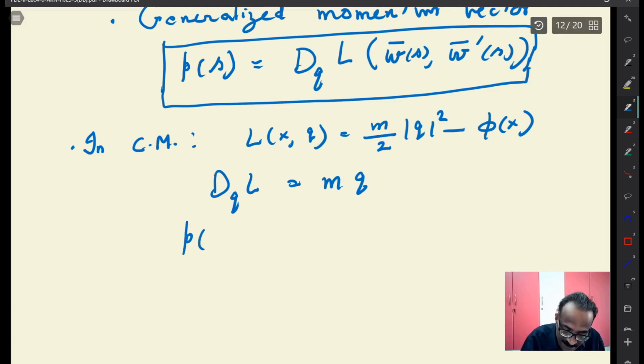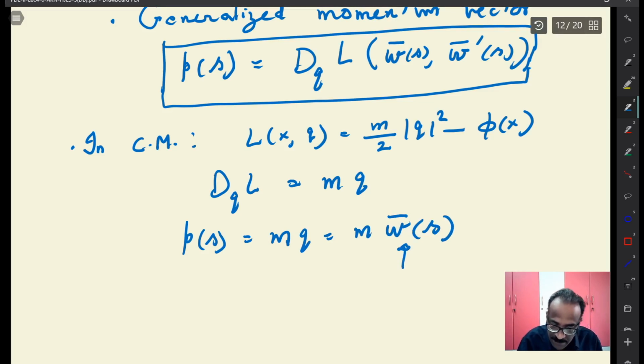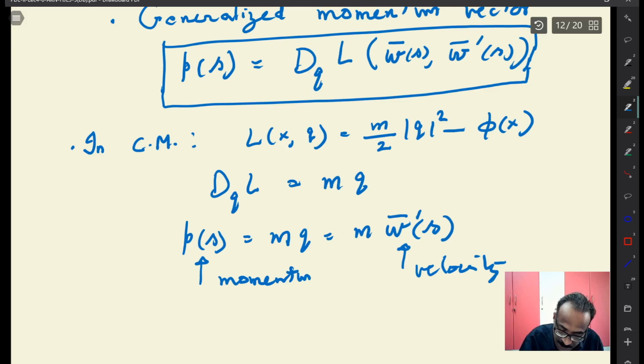So your P of S is in this case mass times q, where q is W bar prime of S, that is, mass times W bar prime of S. So you see that this is mass into velocity, and hence this is the momentum vector in classical mechanics. So what we have introduced is a momentum vector.